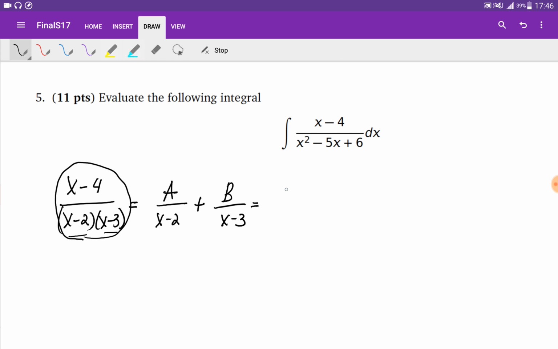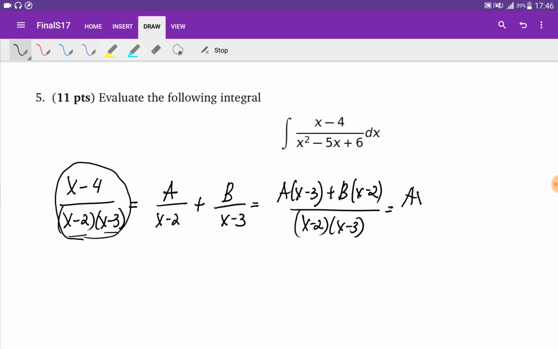If I give the common denominator, it's going to be a multiplied by x minus 3 plus b multiplied by x minus 2, divided by x minus 2, x minus 3. Let me open up all the brackets. So this is going to be ax minus 3a plus bx minus 2b divided by x minus 2, x minus 3. So this rational function should be equal to this one.